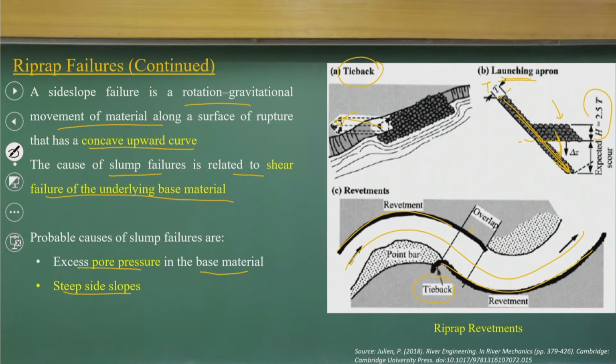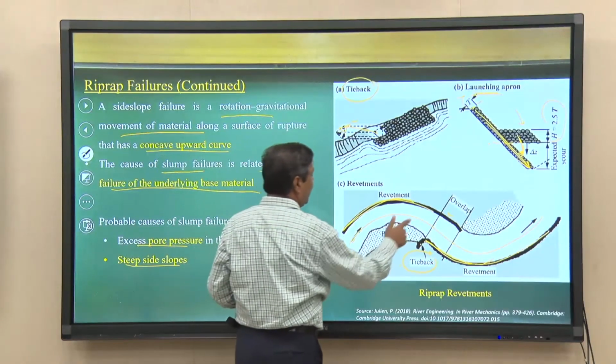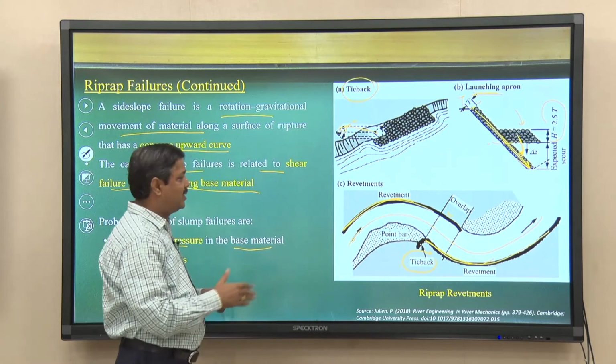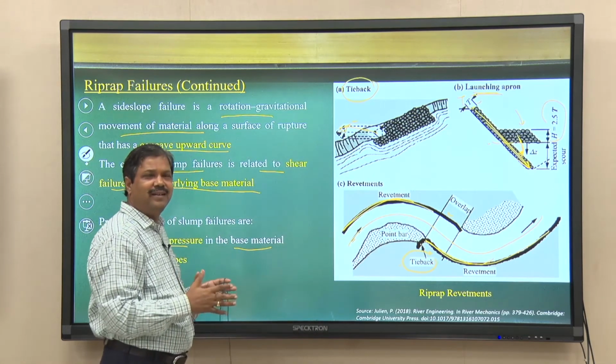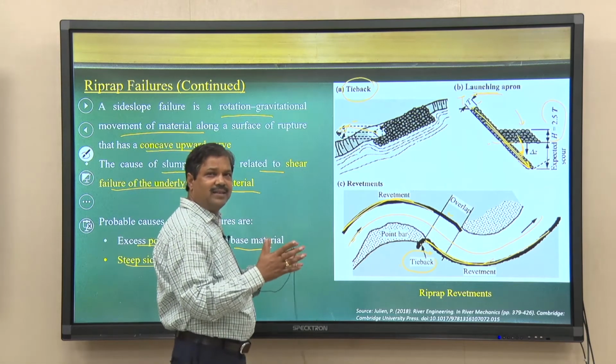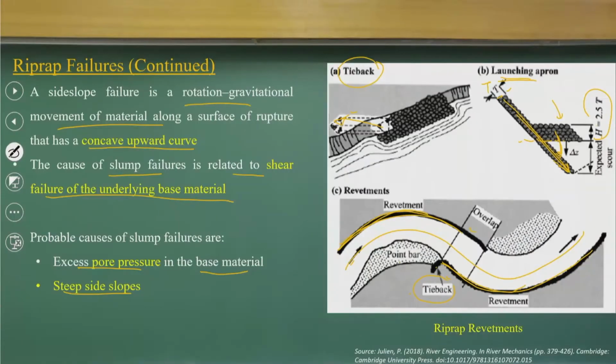The tie back should be there, the overlap should be there, and the protection of both the outer banks should be put in such a way that a failure mechanism does not happen, because if you protect it partly, it is not a successful story. So, we have to protect the river as a single entity. As the river curvatures are there, we should have the revetment on both sides, we should have tie backs and we should have the overlap.